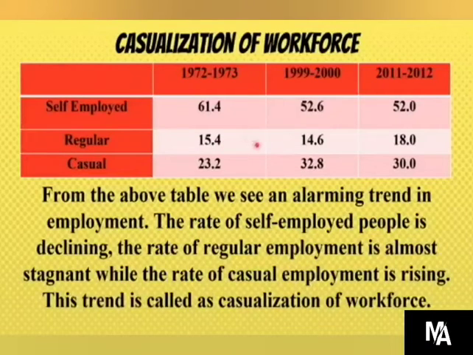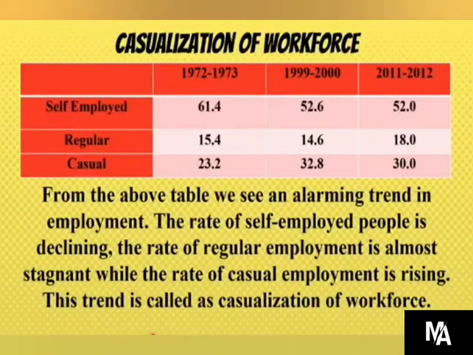The regularly employed people are almost similar, but the casual workers, those people who do not have social security benefits, their numbers are increasing. So basically these are unskilled or semi-skilled laborers. These are the ones who have no social security benefits, no pensions, no provident funds, and so on. And this is a very alarming trend in employment.